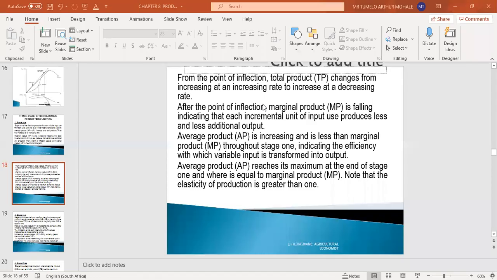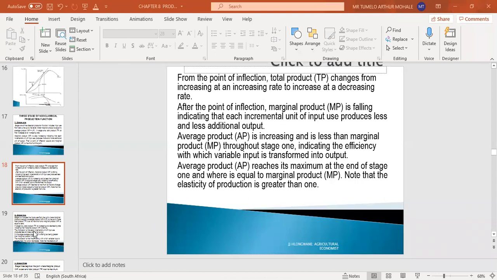Are you guys able to hear me? Yes. Do you understand now? Did you understand graphically how MPP is greater than APP?